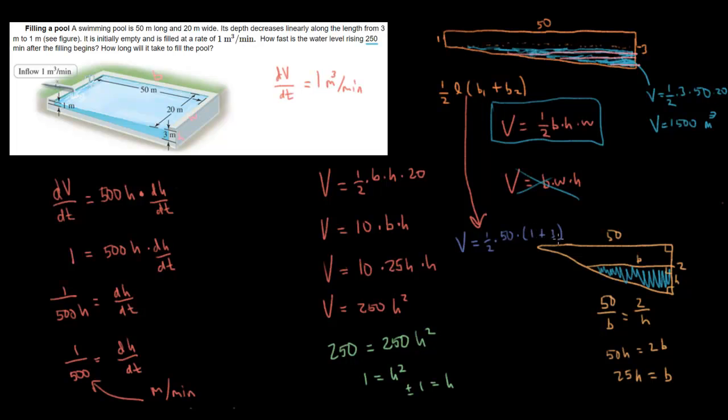That's 2D, and we need volume of the trapezoid. So the area of the trapezoid times 20 gives you volume. Times 20 equals 2,000. So volume equals 2,000 meters cubed. If we're pumping in at 1 meter cubed per minute, it's going to be 2,000 minutes.